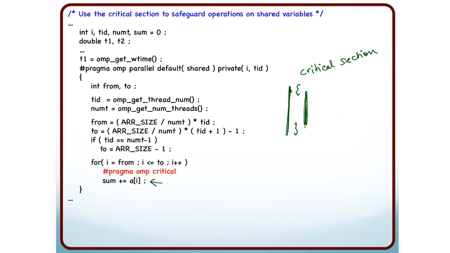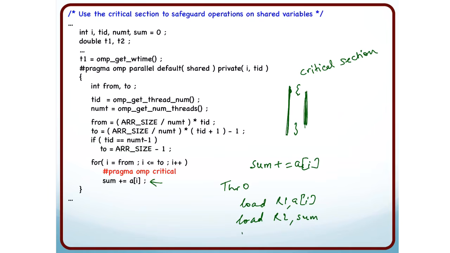That means that when I'm trying to do sum += a[i], if thread 0 is executing the instructions, load a[i] into R1, load sum into R2, and then add R1 into R2, and finally store R2 back into sum, then while thread 0 is executing these instructions, thread 1 cannot execute any of these instructions.